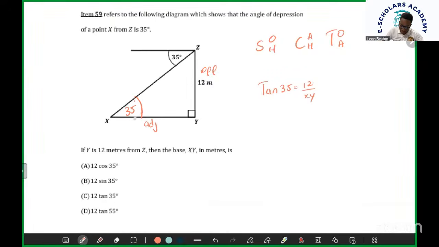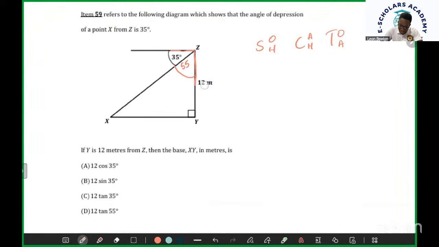Because none of the answers has tan 35 in that form, instead of the 35, let's work with the other angle. Since this is a right angle, this angle here would be 90 minus 35, which is 55. Let's deal with that angle as the reference angle.